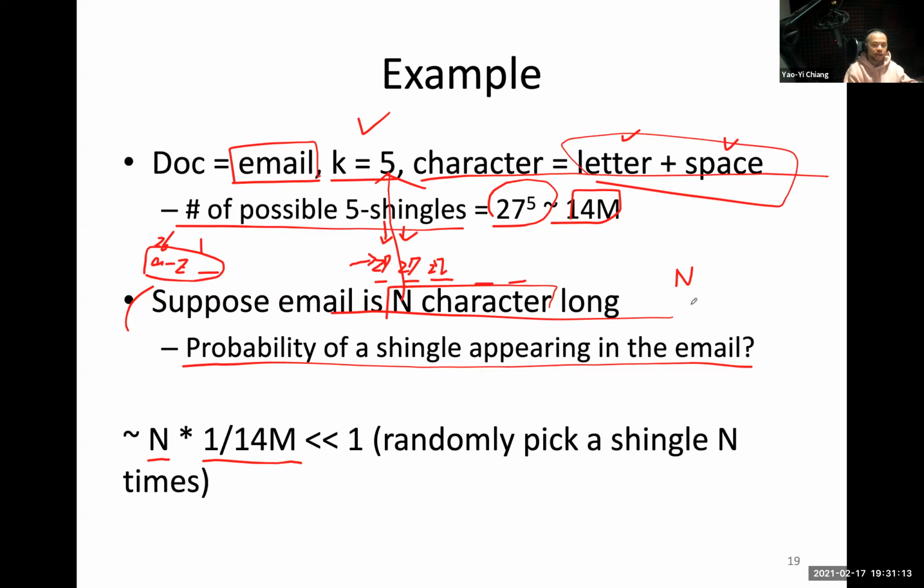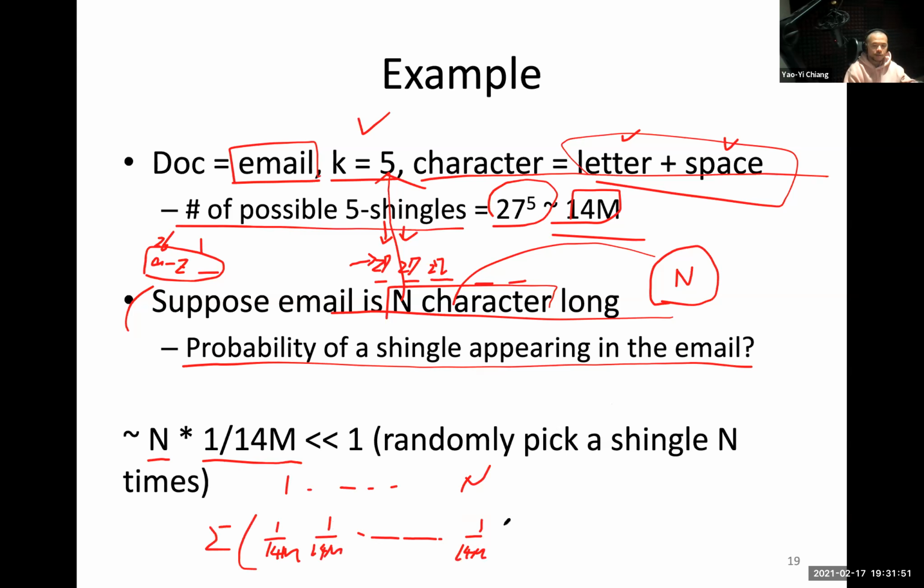Well, we say the maximum number of 5-shingles in that n-character document is n. So from the first shingle to the n-th shingle, we randomly pick one from your shingle pool, that's 14 million. Then we randomly pick another one, until we randomly pick the n-th one. For any shingle to appear in this document, just sum this up. And that's this.